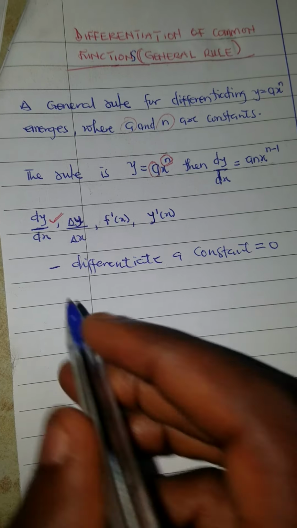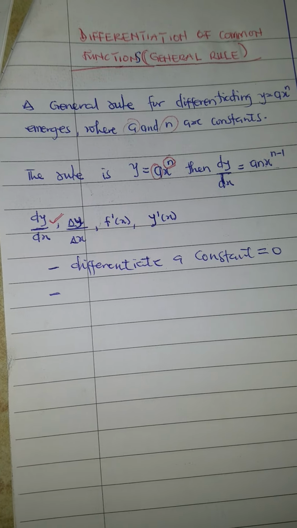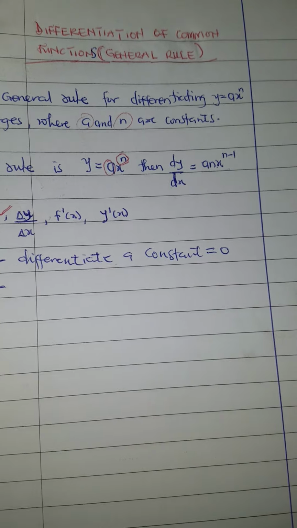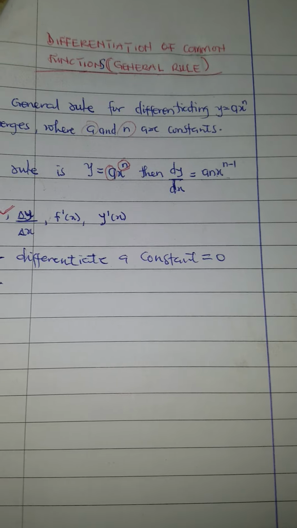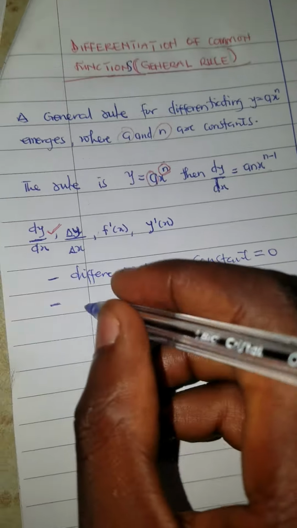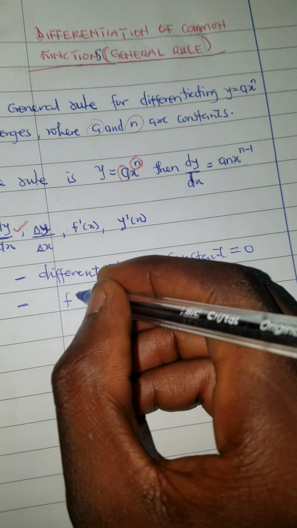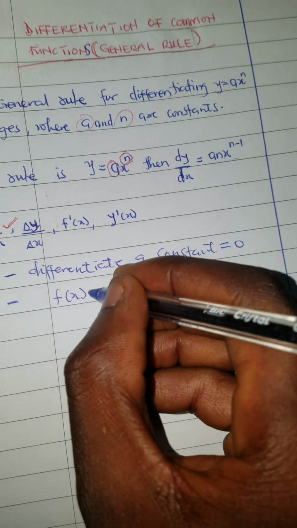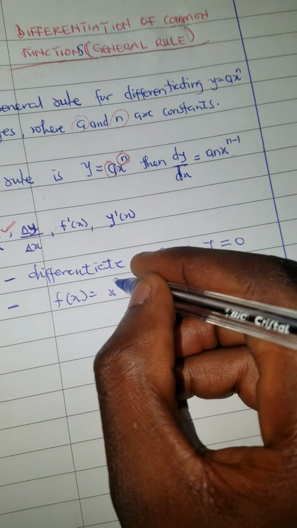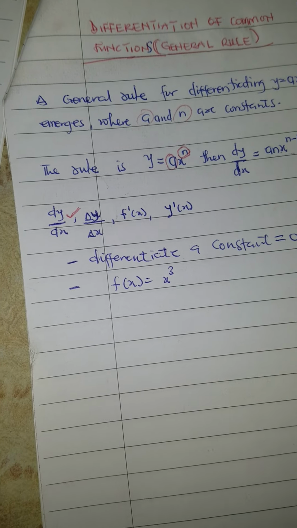Now also, differentiation can be done in multiple ways. I mean, you can differentiate multiple number of times. So for example, if you have f of x equal to x cube, you can differentiate this multiple number of times.